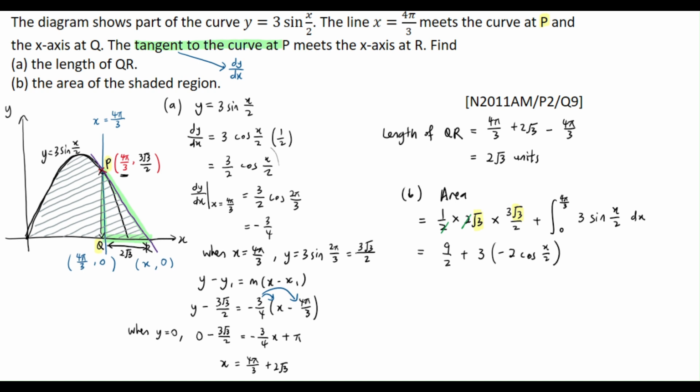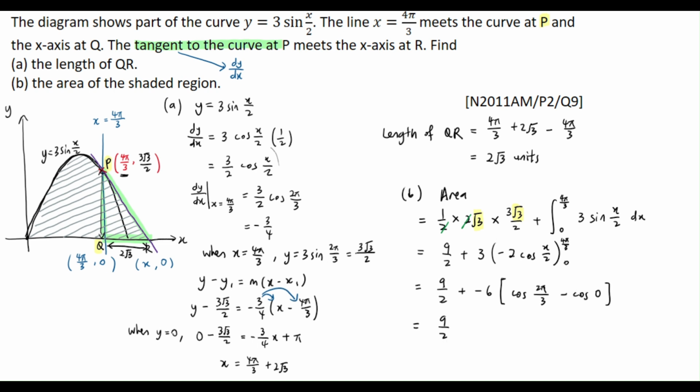And don't forget that you have to substitute 4 pi over 3 and 0. Now next, 9 over 2. And this part will be negative 6 cosine. Substitute your 4 pi over 3, which is actually just 2 pi over 3, minus cosine 0.